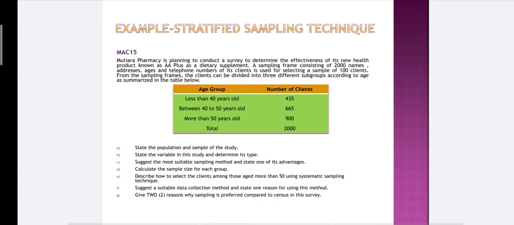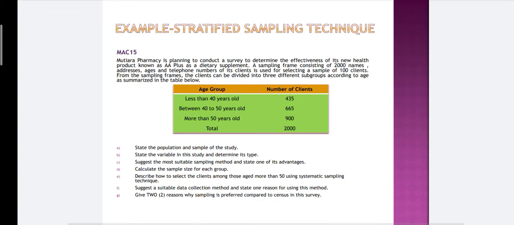Second group pula 665 divide dengan 2000 darab dengan 100. So you akan dapat 33.25, so approximate kepada 33.